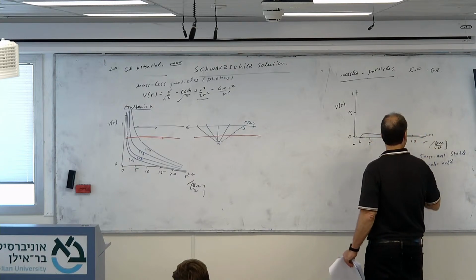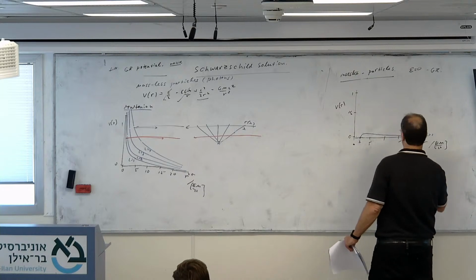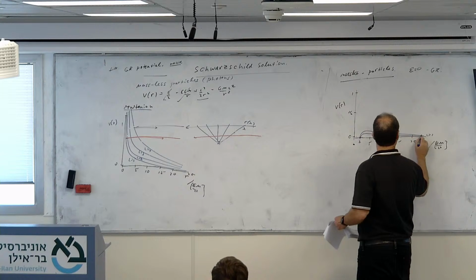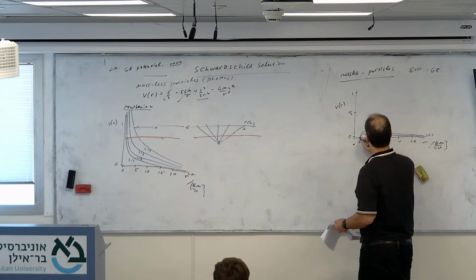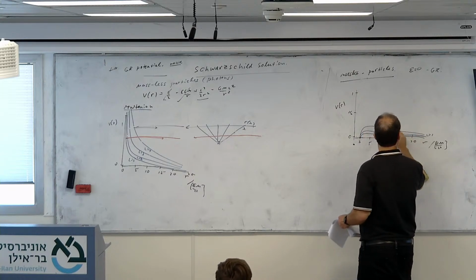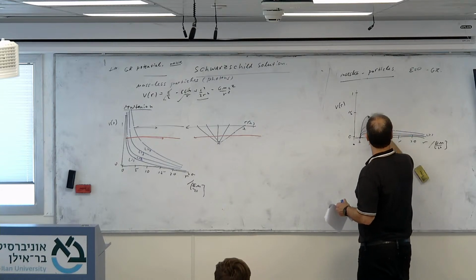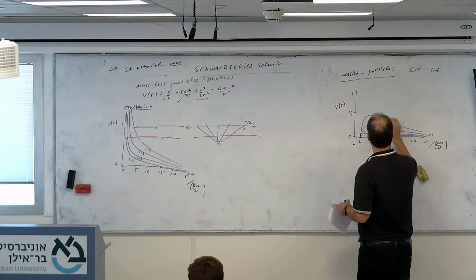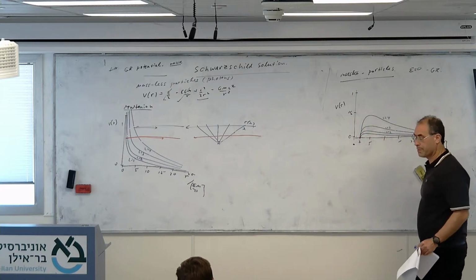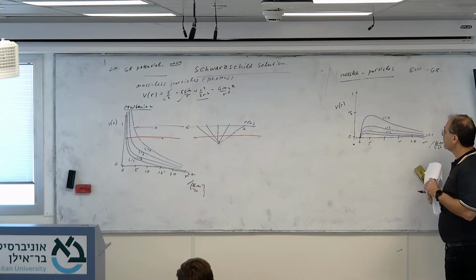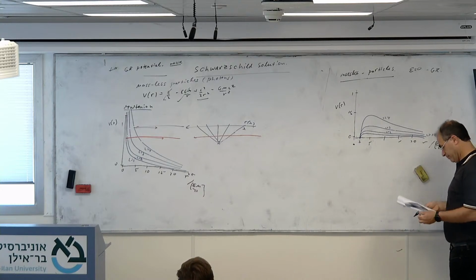This is L equal to 1. L equal to 2. L equal to 3. So on and so forth. Etc. Right. So again, what type of trajectories do we have?